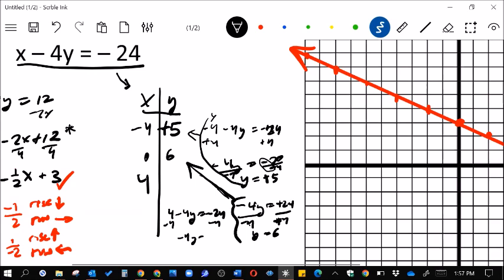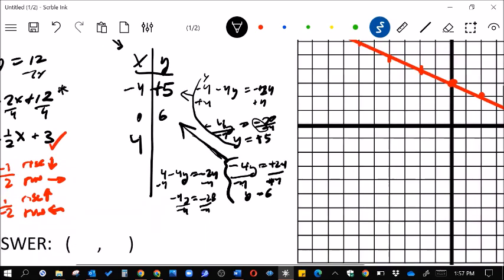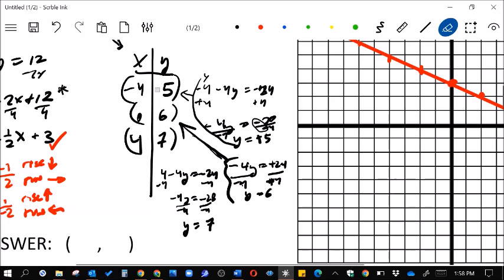So negative 4y, now it's negative 28, and when I divide by the negative 4, I am going to get a positive y, and 4 goes into 28 7 times, so it's a positive 7. So we have these coordinate points. The plus sign isn't really needed if I'm careful about it and know it's not a negative.